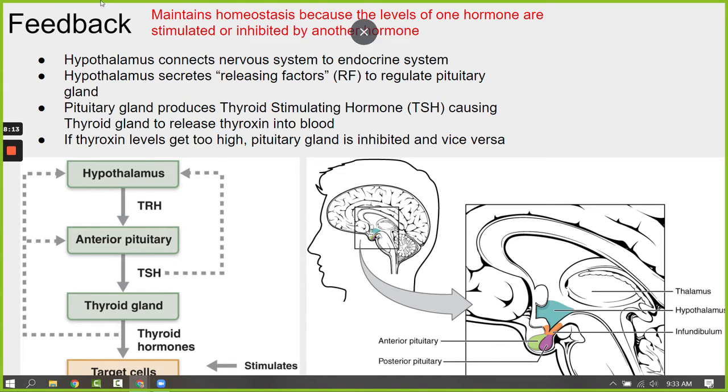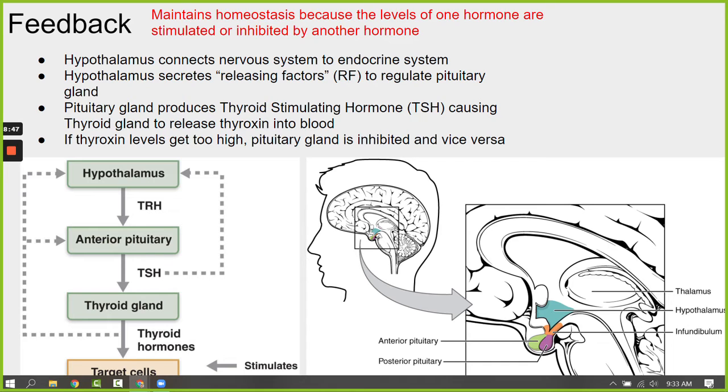So as an example here, you don't need to worry about the actual hormones in this slide, but for example, the pituitary gland is a gland that's in our brain. It's right at the base of our brain, way inside of our head. It's a really important gland. It controls many of the other endocrine glands. One of the hormones that the pituitary gland produces is TSH, thyroid stimulating hormone.